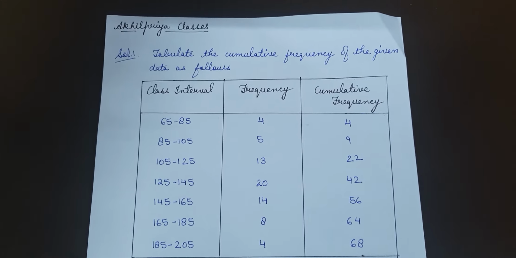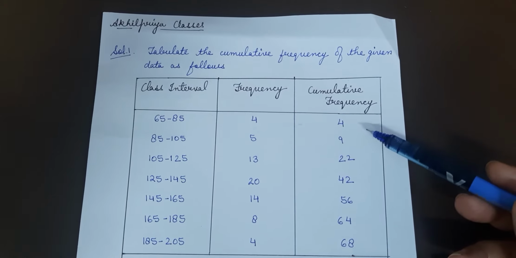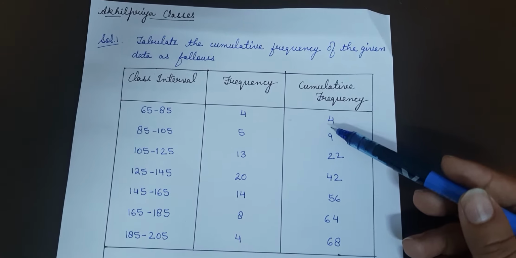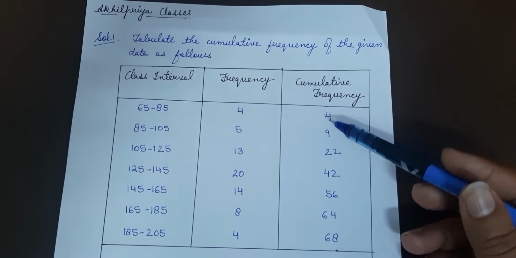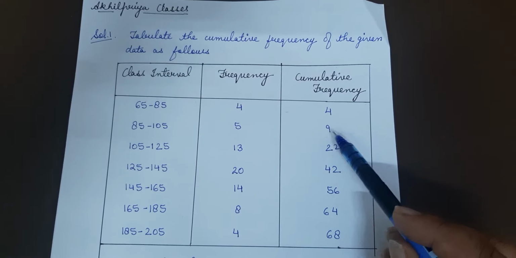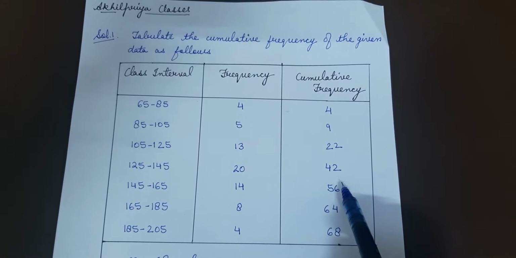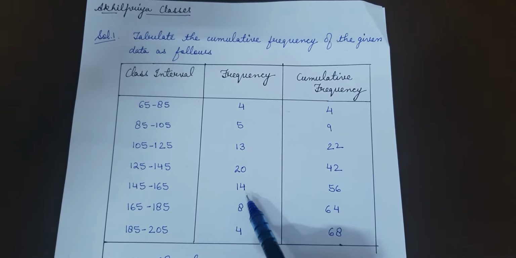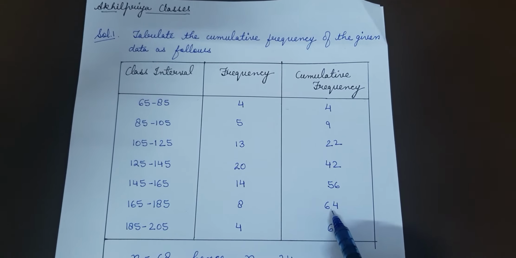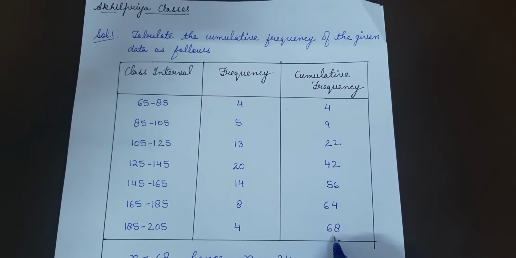In order to find the median, we have to prepare a table for the cumulative frequency. So we have written down the cumulative frequency of our given data: 4, and 4 plus 5 comes out to be 9, 9 plus 13 is equal to 22, 22 plus 20 is equal to 42, 42 plus 14 equal to 56, 56 plus 8 equal to 64, and 64 plus 4 comes out to be 68.